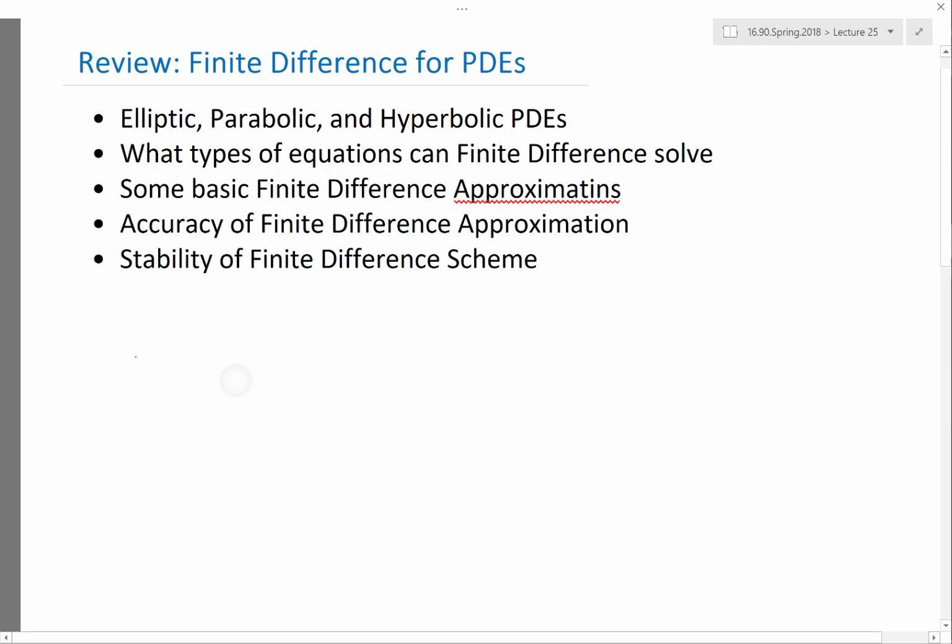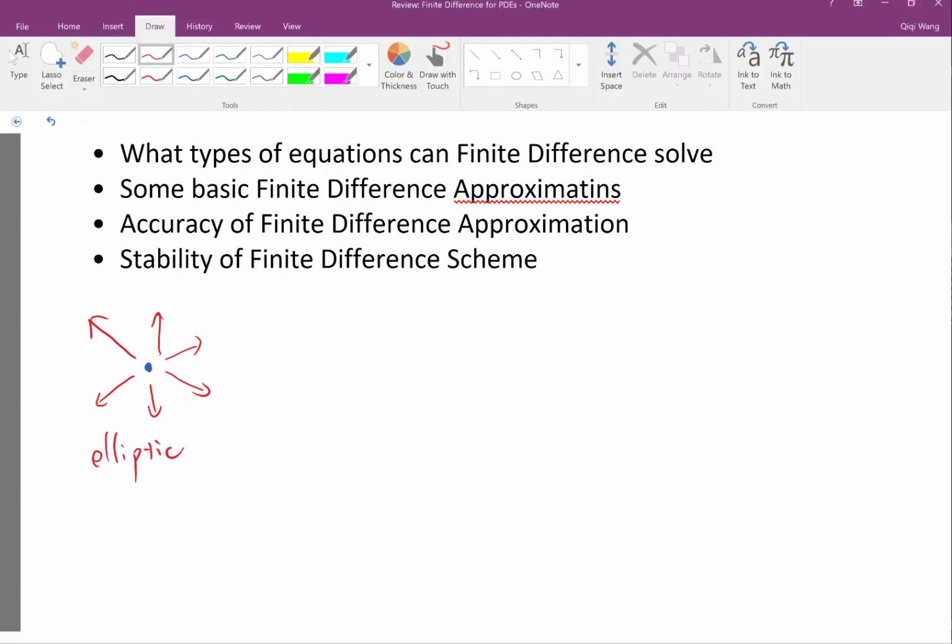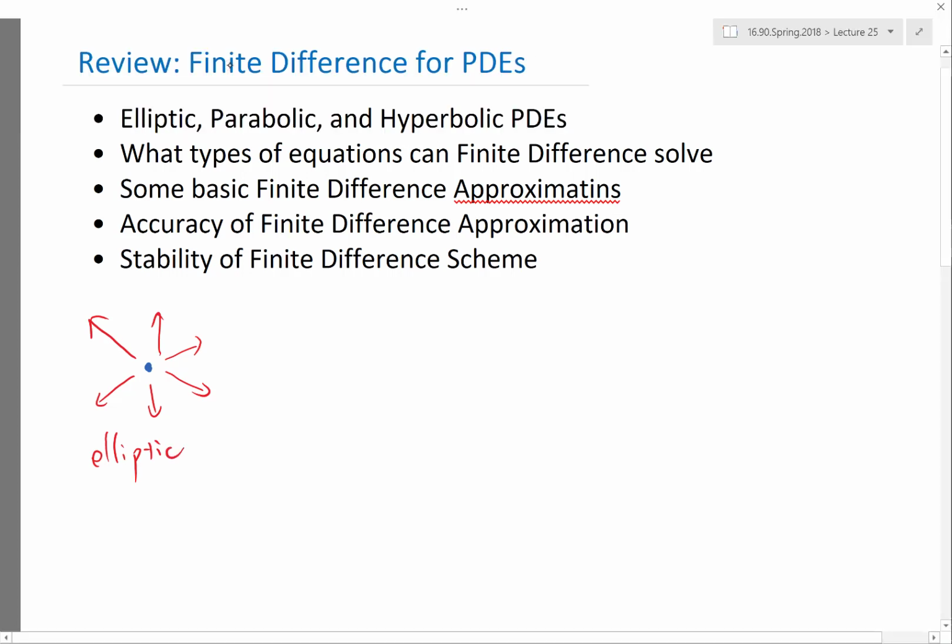So elliptic means if you perturb a system here, the information propagates in all directions. Instantaneous, right? There is no time. And hyperbolic: now we have time and space.